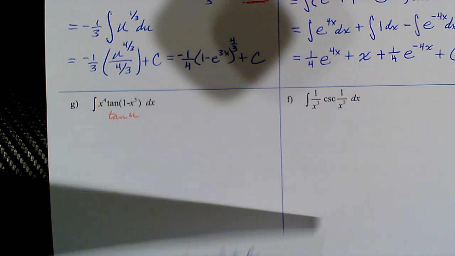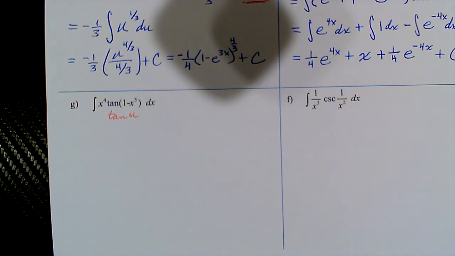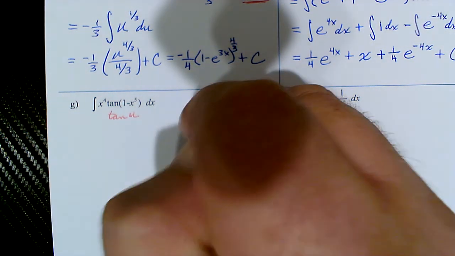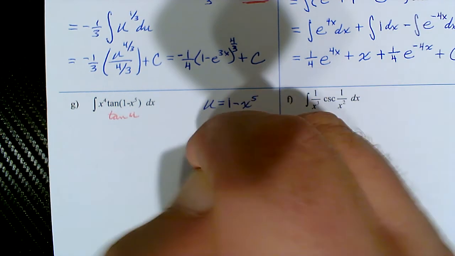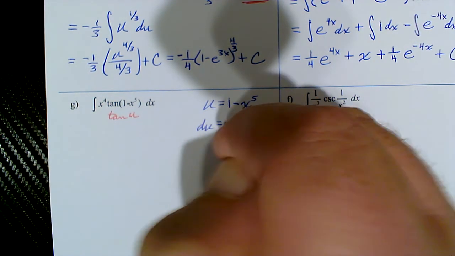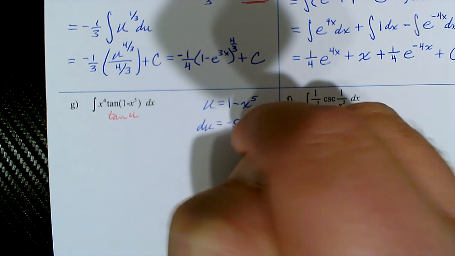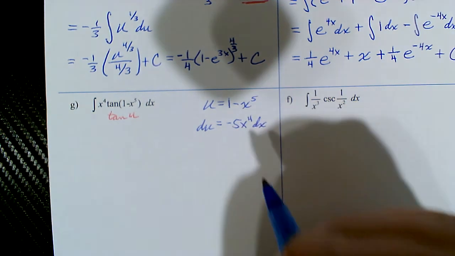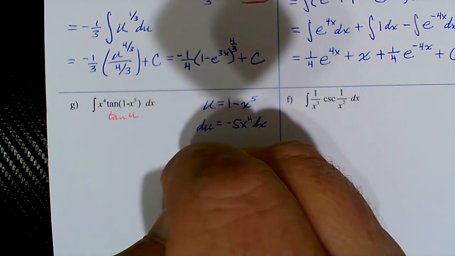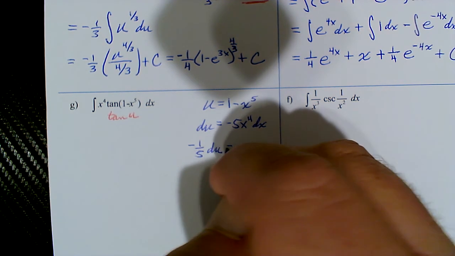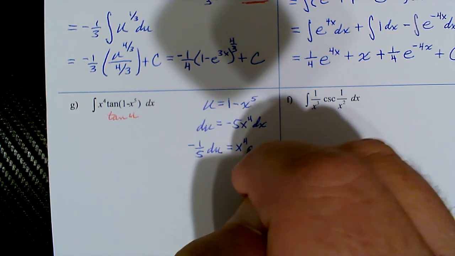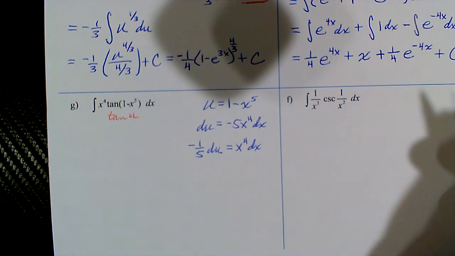So in any event, we're trying to fit the form for tangent of u by choosing our u to be 1 minus x to the fifth. The du is minus 5x to the fourth. Tag along the differential dx as well. Modified by the negative 5, we get negative 1/5 du is x to the fourth dx.